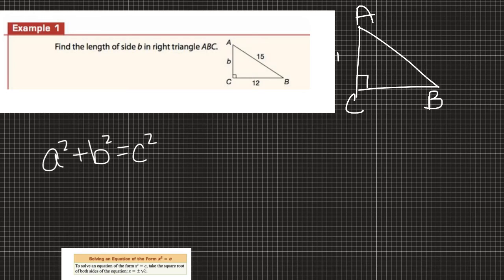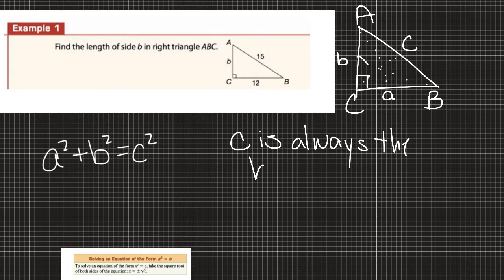The little b, you notice, is across from the angle B. So the little a is going to be across from the A, and the little c is going to be across from the big C. The one thing that you will know in Pythagorean theorem is that c is always the hypotenuse. Remember, the hypotenuse is the side across from the right angle. So this is your right angle right here. C is always the side across from that right angle.